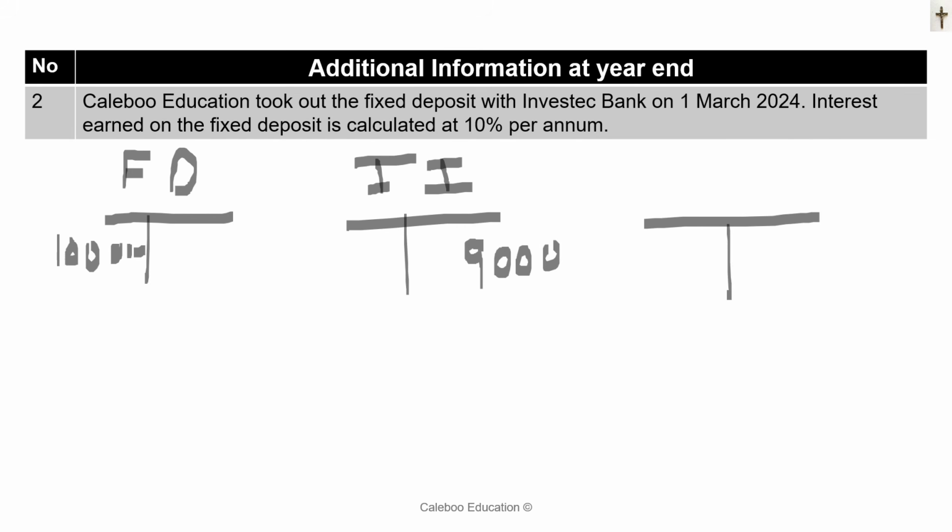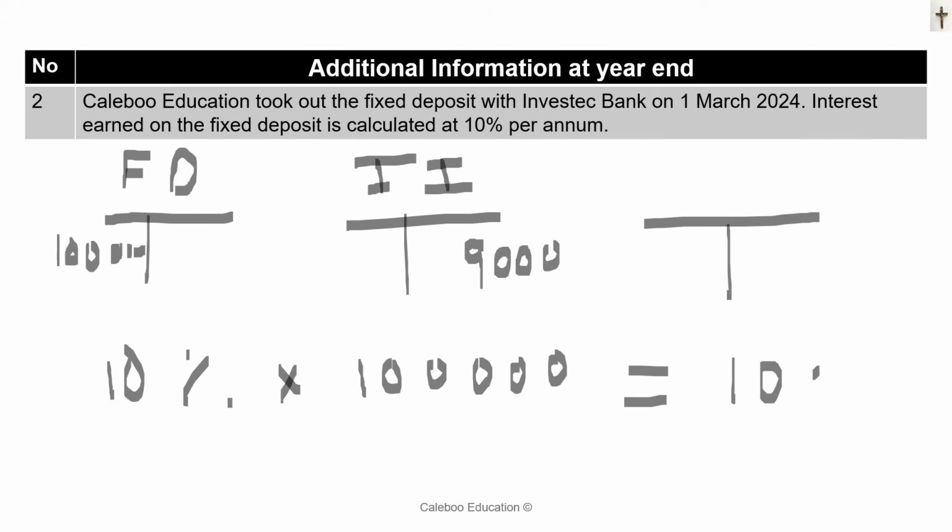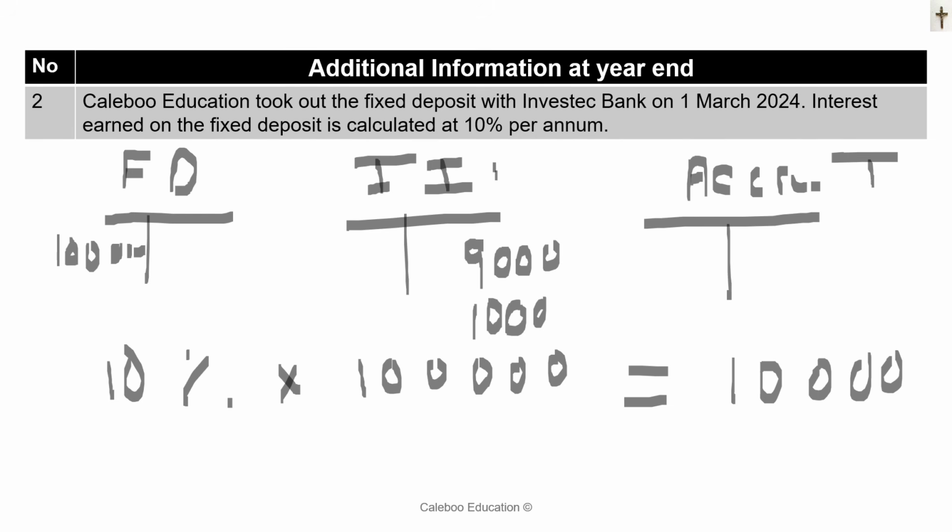But the interest earned on the fixed deposit is 10% of 100,000, which is equal to 10,000. The amount in this account here should be 10,000. So the adjustment will be credit the interest account with 1,000 and debit accrued income, which is an asset, with 1,000.